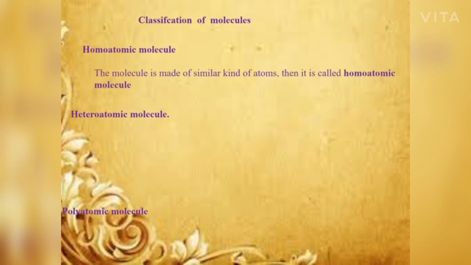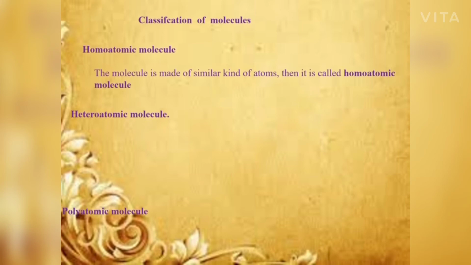Homoatomic molecule means the molecule is made up of similar kind of atoms. That is called homoatomic molecules. Homo means same. So, same kind of atoms combined together forming a molecule. That type of molecule is called homoatomic molecules.